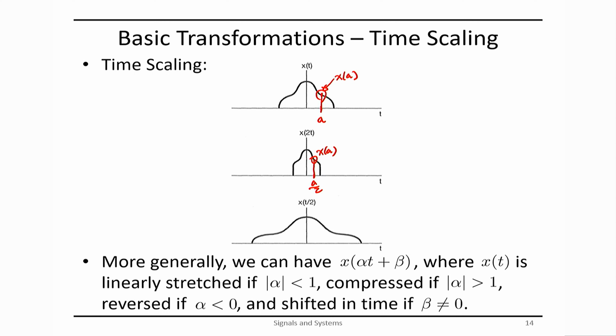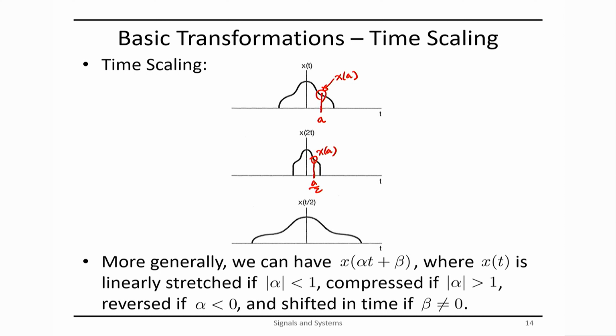Now, if you instead multiply your independent variable by 1 over 2, by a value less than 1, then when do you observe this value x of A? You observe the value x of A when t is equal to 2a, instead of a.